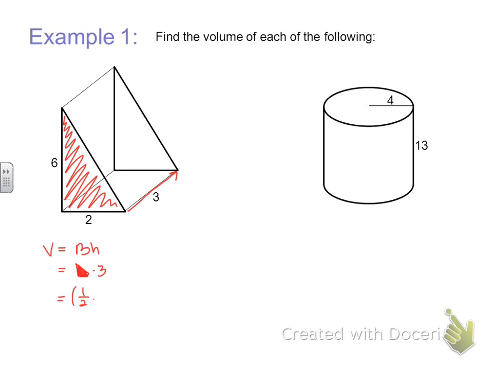So it's going to be 1/2 times the base of the triangle, which is 2, good, times the height of the triangle, which is 6, and then that times that 3, the distance between the two bases, right? So the 2's cancel, and then you just have 6 times 3 is 18, and you're done.